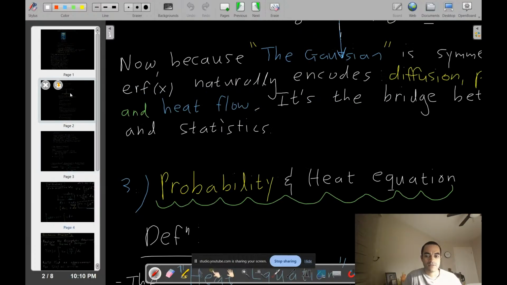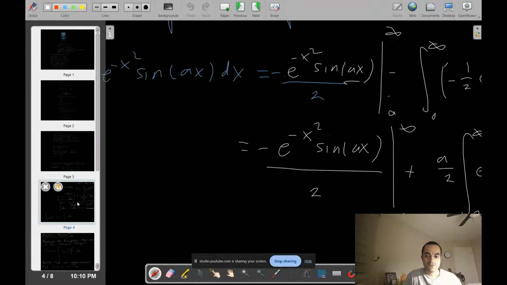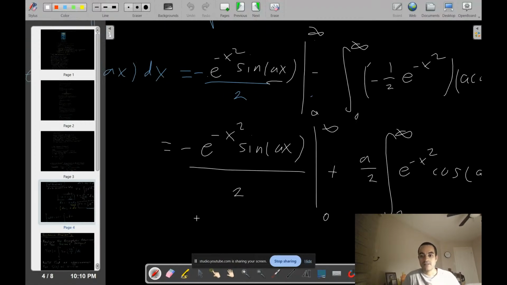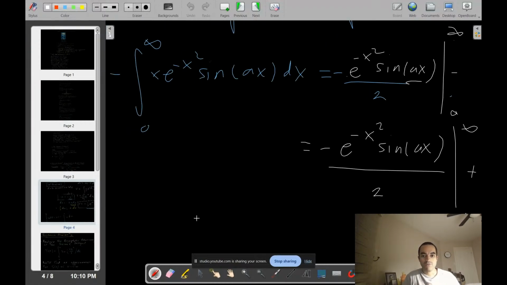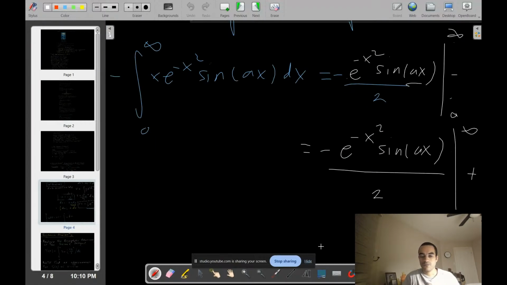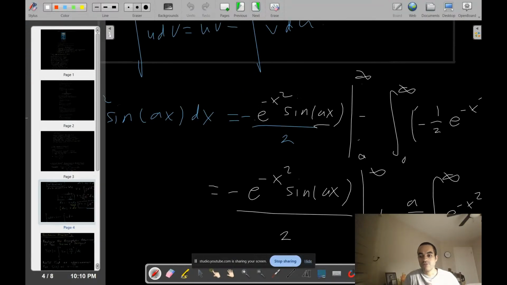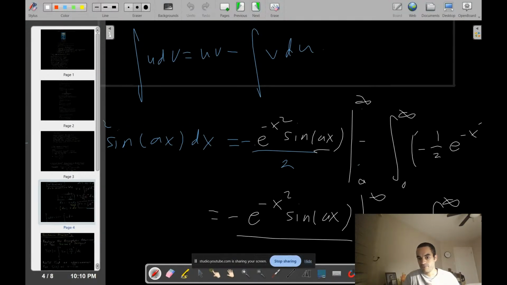So based off all of this and what you know in your past calculus classes, how can you solve a problem like this? So I want you for homework to see if you can finish the problem.